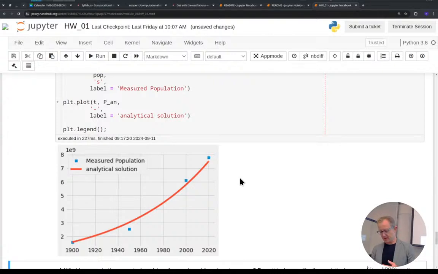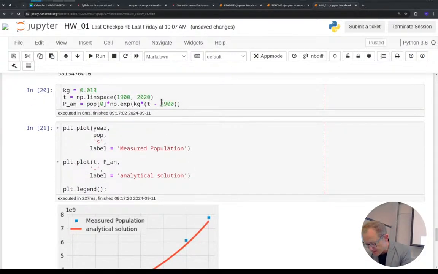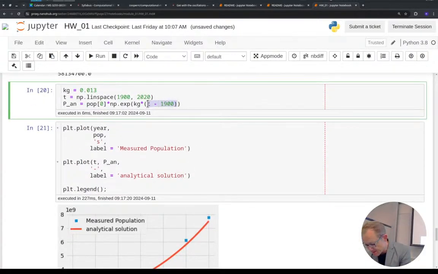That's usually the analytical, because a lot of times people just plug in e to the k times t.